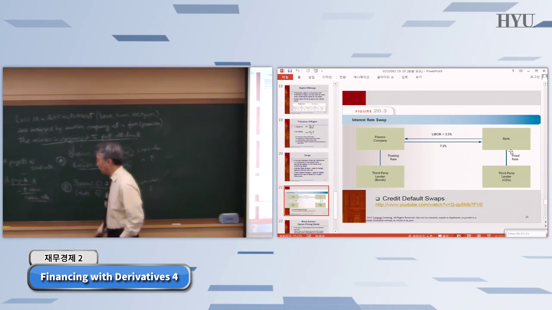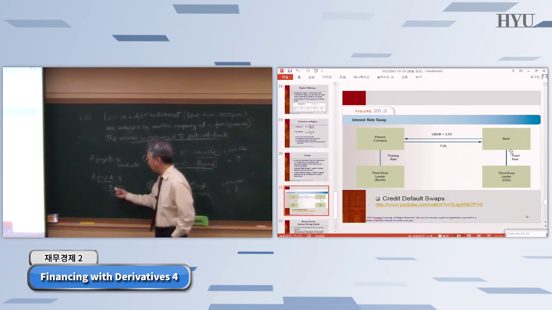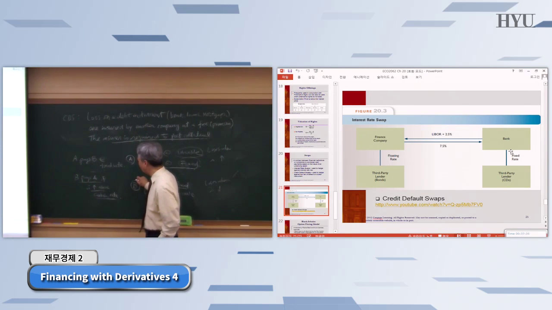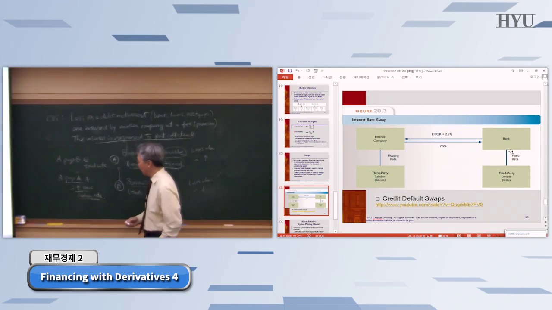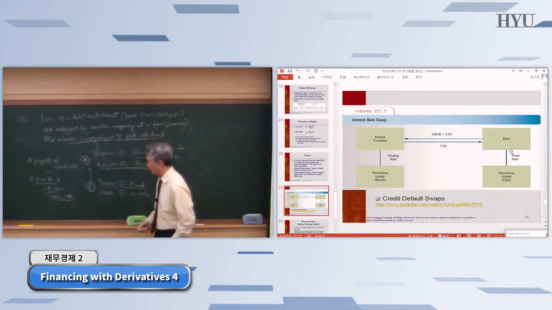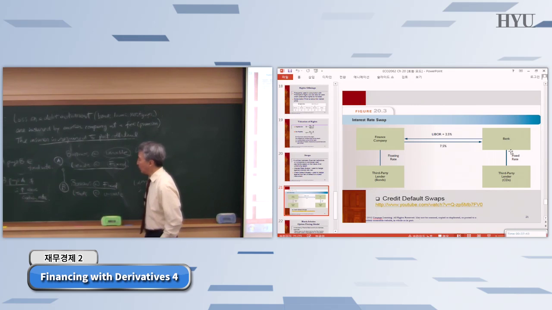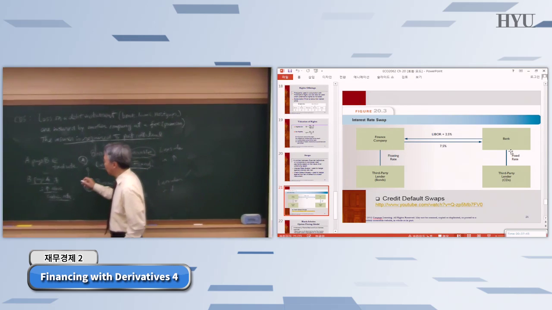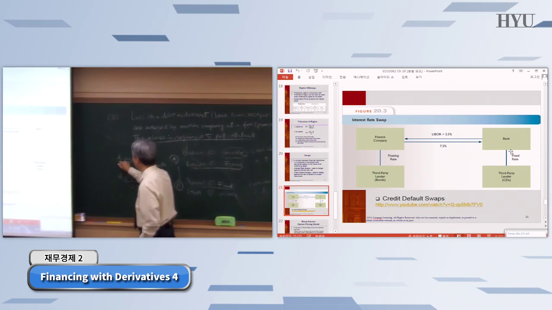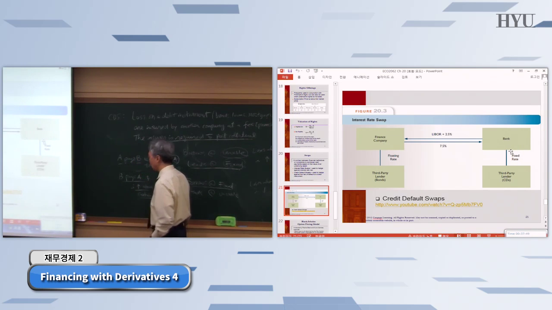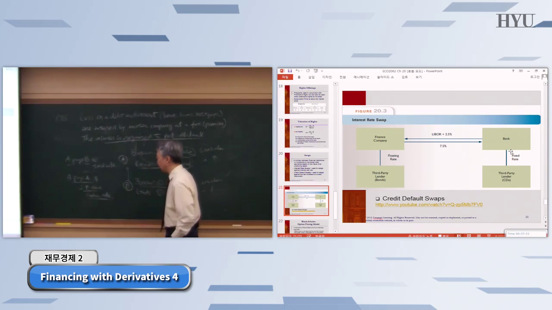So when interest rate goes up, then this company will pay A a certain amount if the interest rate rises above a certain rate, right? But A will pay B at a certain fixed interest rate, okay?